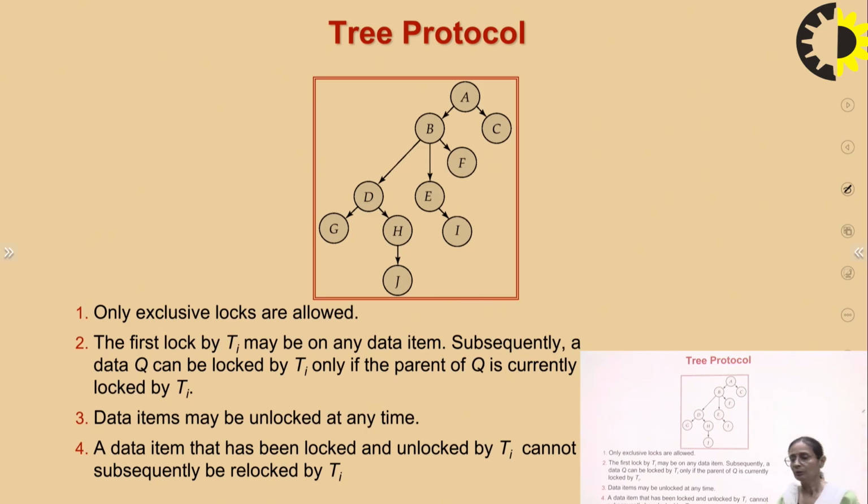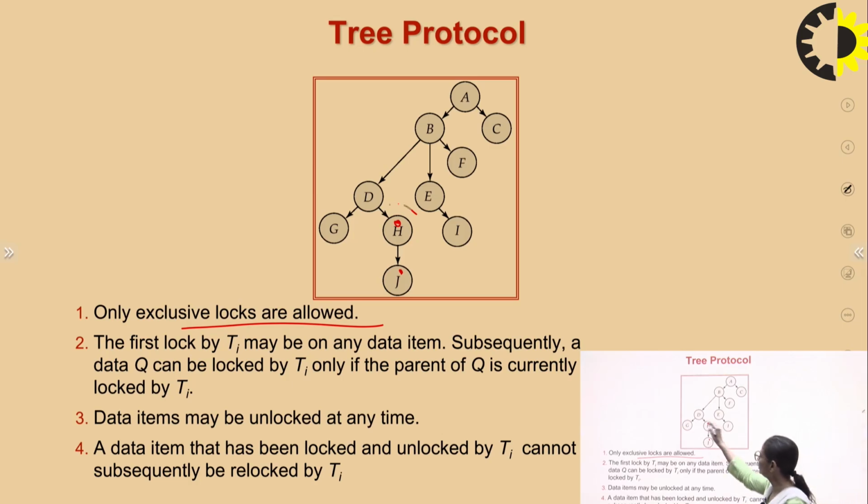Here only exclusive locks are allowed. If there is an edge, then you can go for J. The first lock by Ti may be on any data item. Subsequently, a data item Q can be locked by Ti only if the parent of Q is currently locked by Ti.